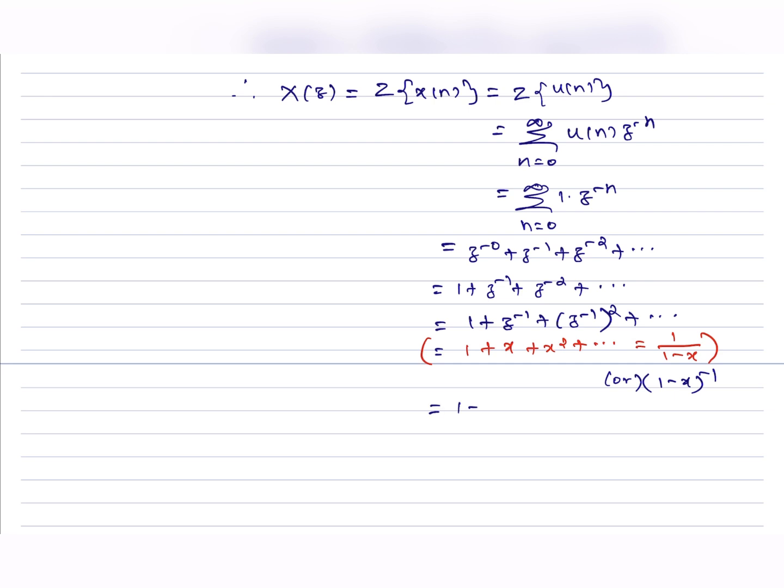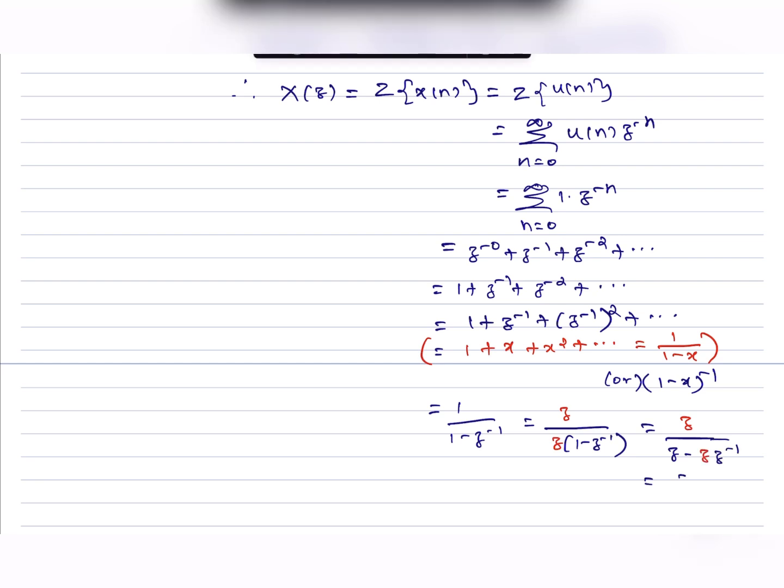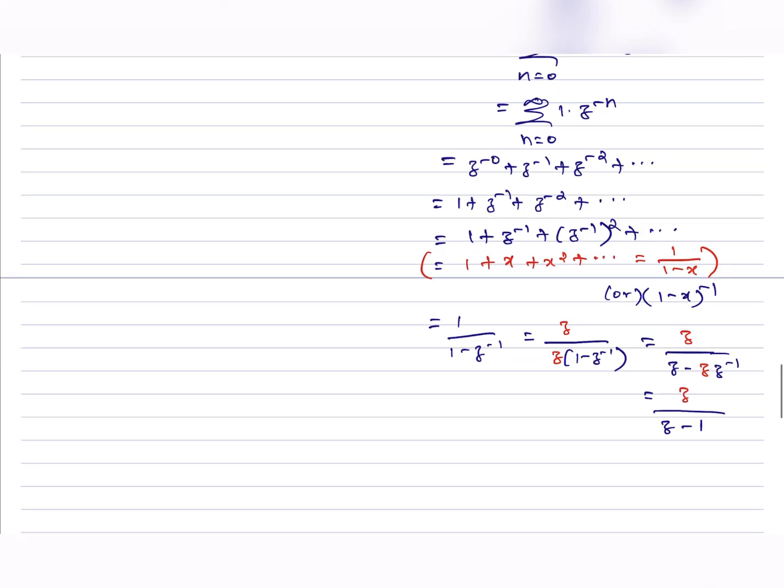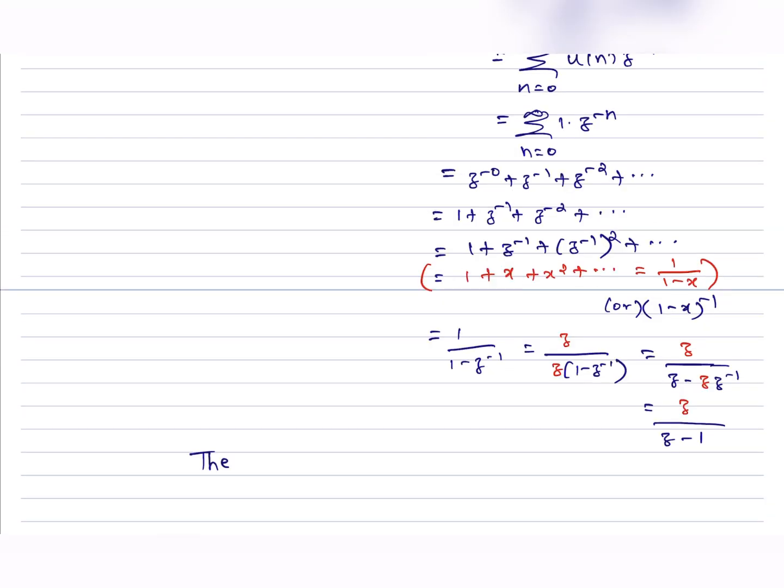Now we can write this in terms of z. That is nothing but 1 over 1 minus z inverse, or z by z into 1 minus z inverse, which gives us z by z minus z into z inverse, which is going to be z by z minus 1. I hope you understand the steps.